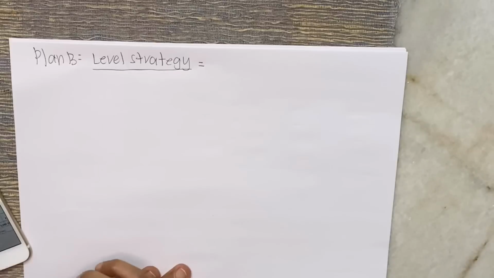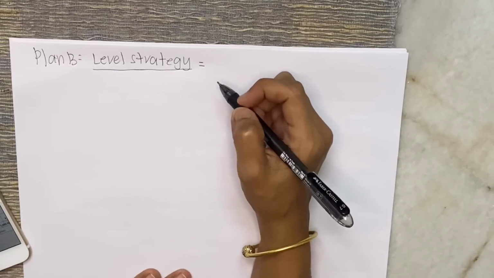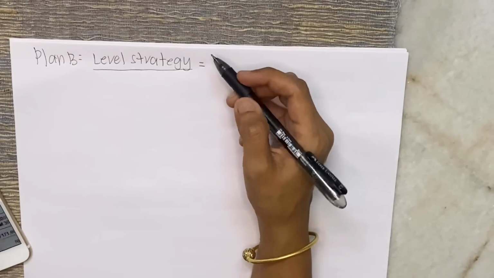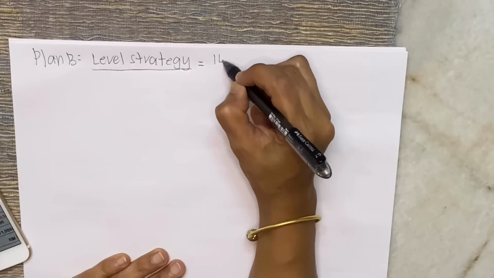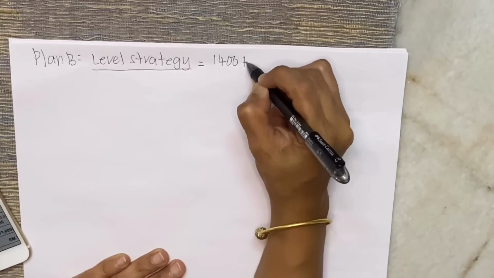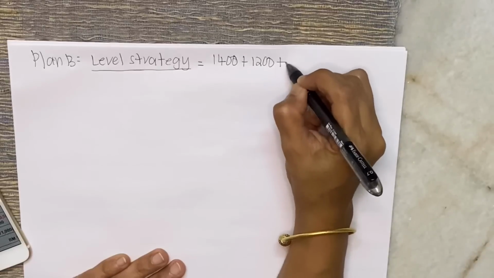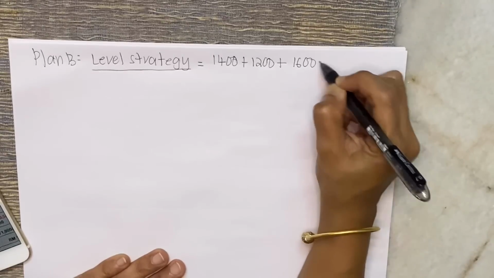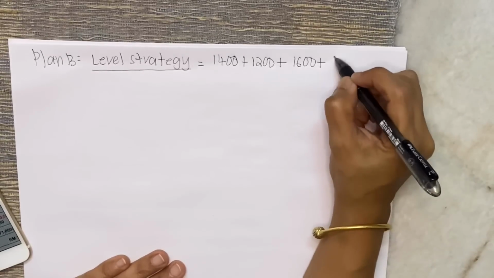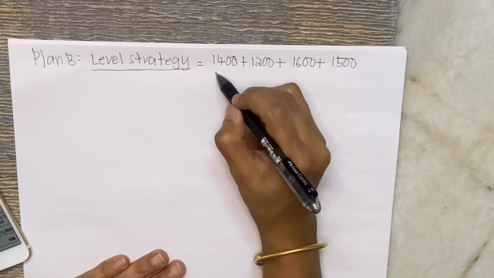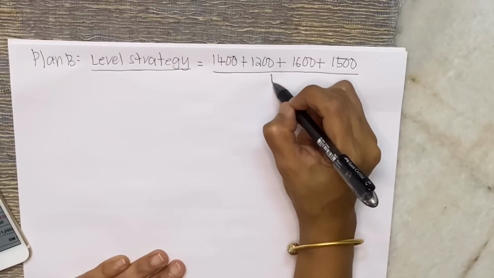So to calculate, okay, you add up the demand for the quarters. We got the average. So 1400 plus 1200 plus 1600 plus 1500 divided by 4. Why 4?